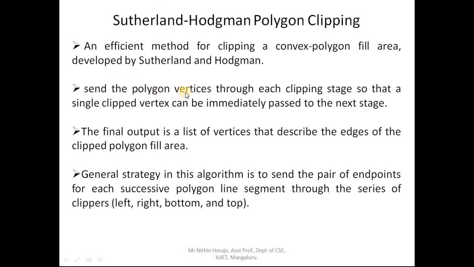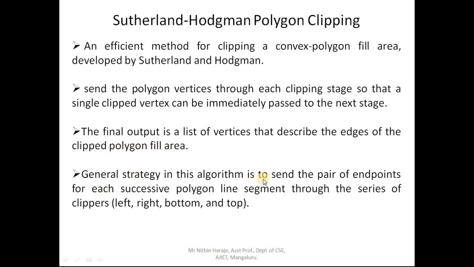Send the polygon vertices through each clipping stage so that a single clipped vertex can be immediately passed to the next stage. So this we have already seen what it is. The final output is a list of vertices that describe the edges of the clipped polygon fill area.